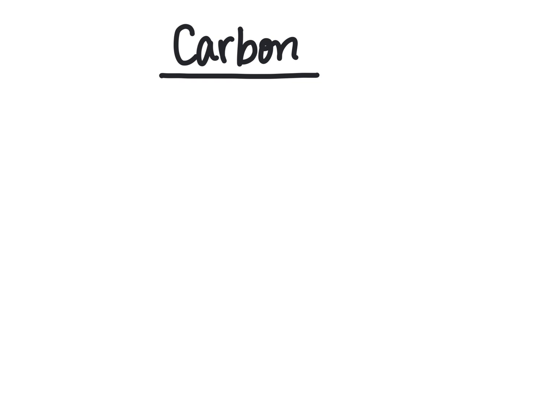So carbon is an element. And an atom of carbon is basically the smallest unit of carbon that you can have. If you were to look on the periodic table, carbon has an atomic number of 6 and an atomic mass number of 12.